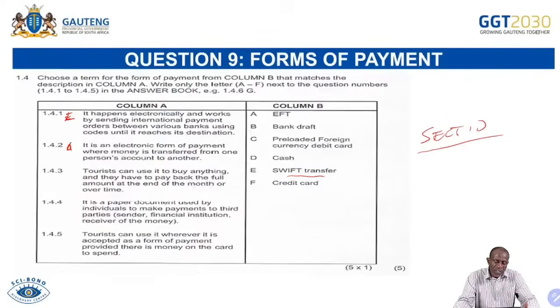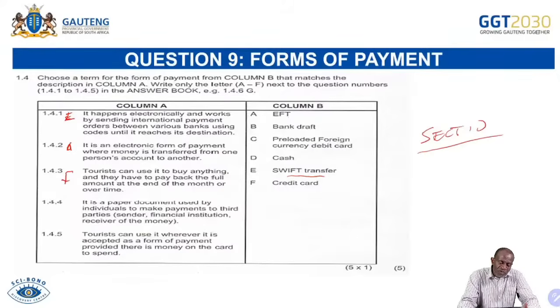1.4.3 says tourists can use it to buy anything, they have to pay back the full amount at the end of the month or over time. The appropriate method here would refer to number F, which is your credit card.